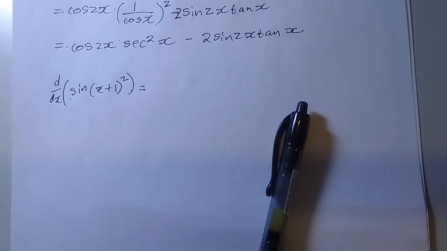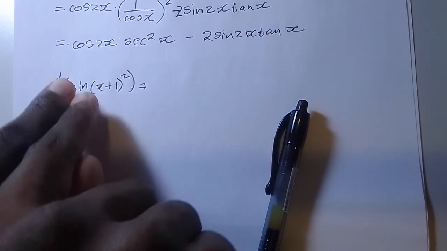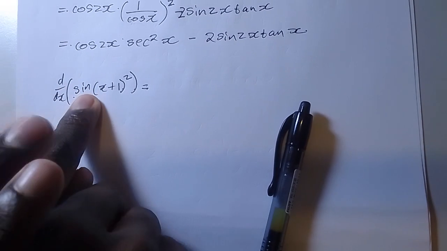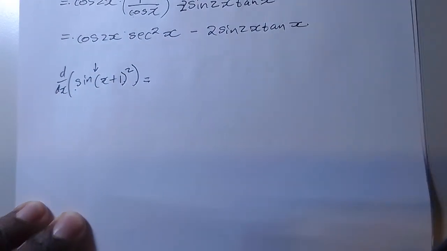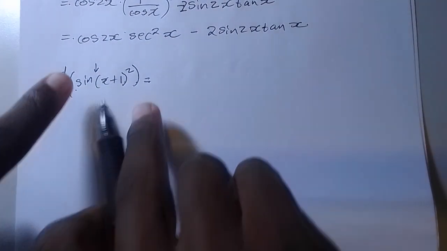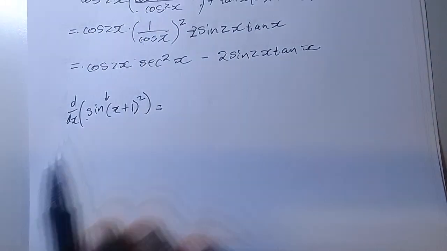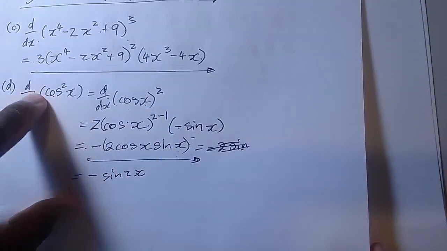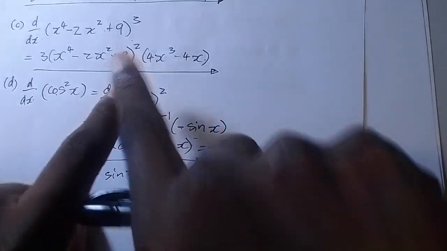Simple chain rule, guys. Do not panic when you see these complicated functions. You just need to know how to decide on the outside function and the inside function. In this case, the squared is not in front of sine. It's not like the previous one where we had cos x all squared.